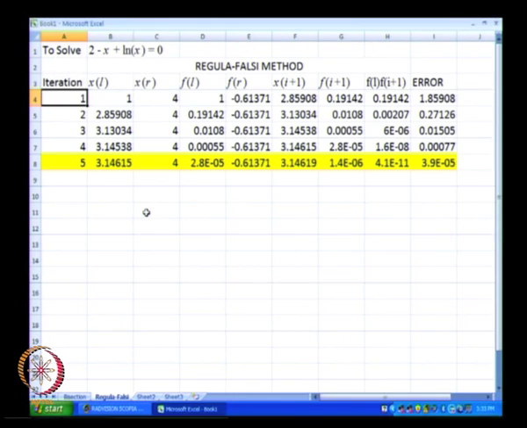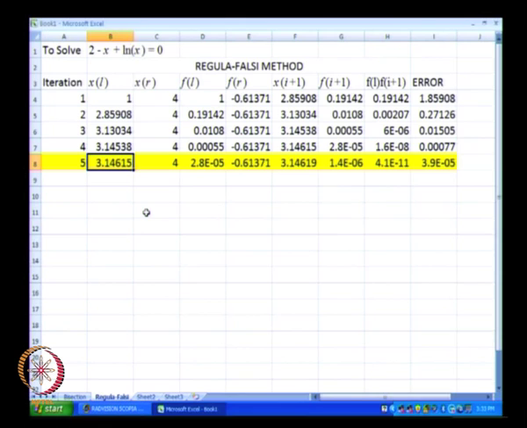So when using the regula falsi method, in about 5 iterations we have gone from the initial guesses of 1 and 4 and finally reached the actual solution 3.14615. Okay, that solution is accurate within the desired accuracy that we had selected, that is 10 to the power minus 4.